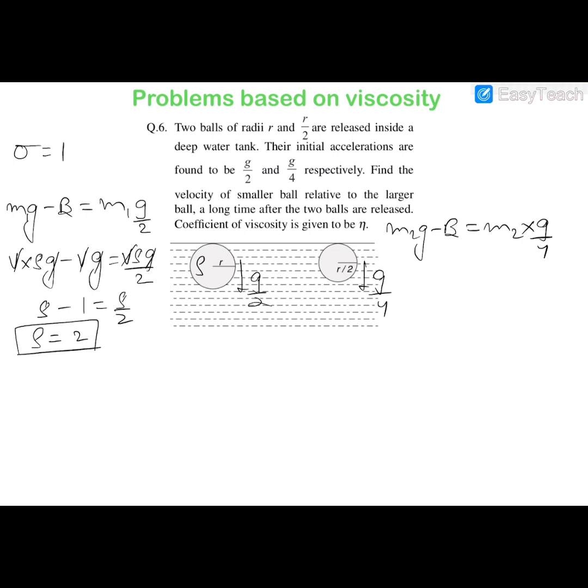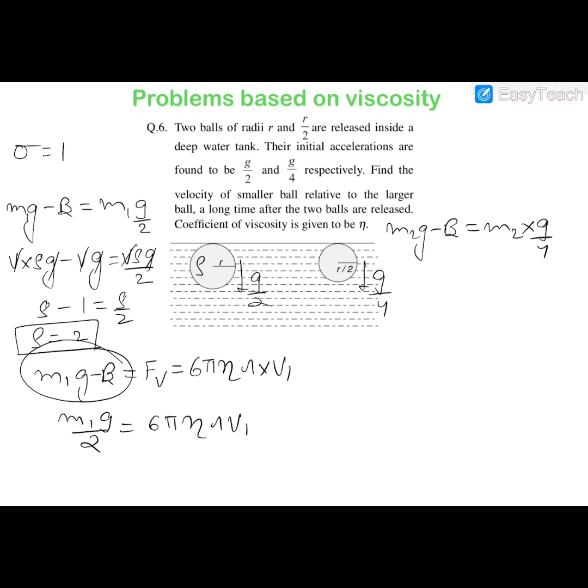So we can say that for the first ball, m1g minus buoyancy will be equal to F viscous, which is 6 pi eta r v1, and it would be equal to m1g by 2. And for the second ball, m2g by 4 will be equal to 6 pi eta r v2. Let us write these equations on the next page.